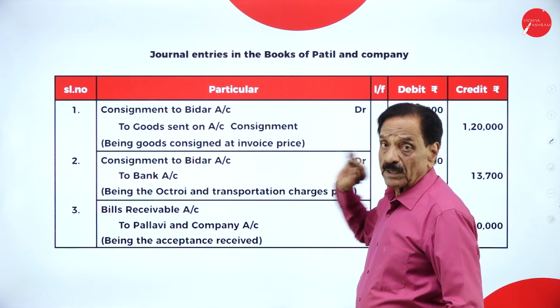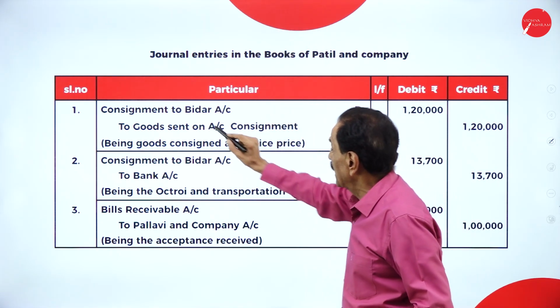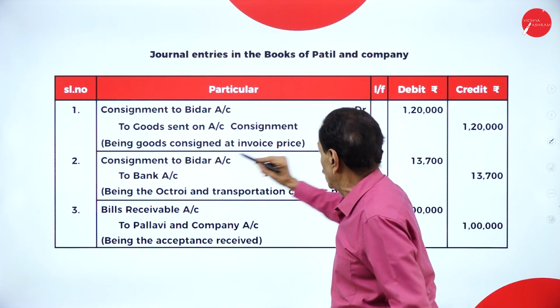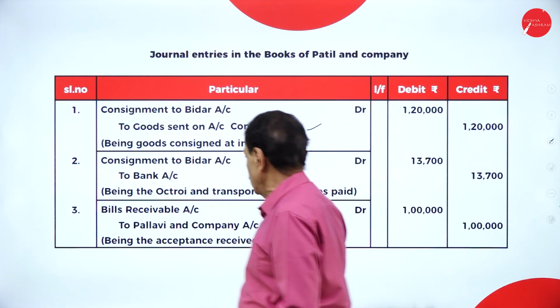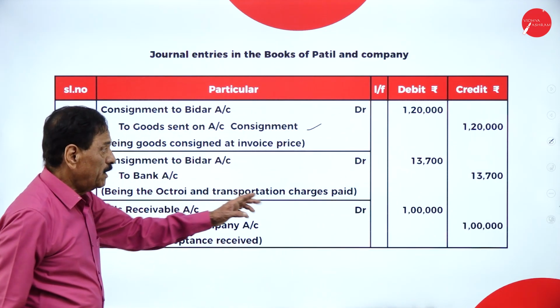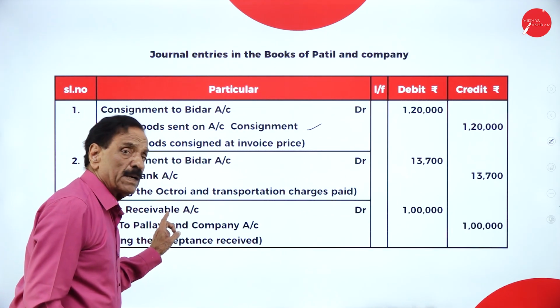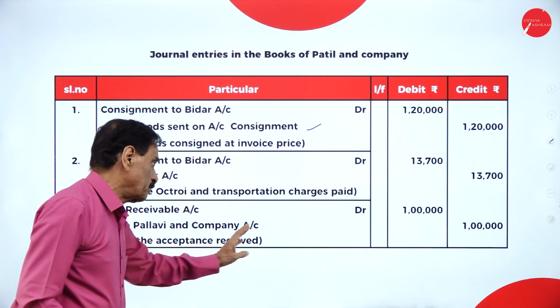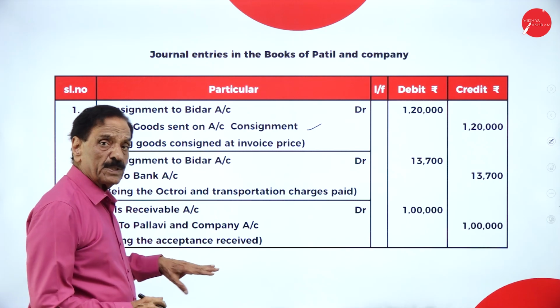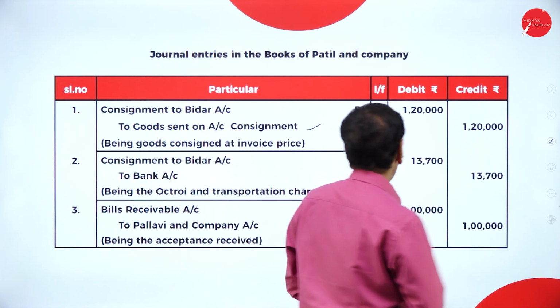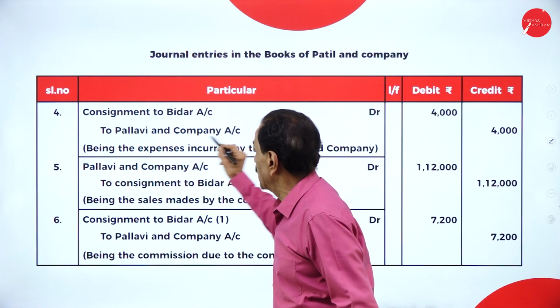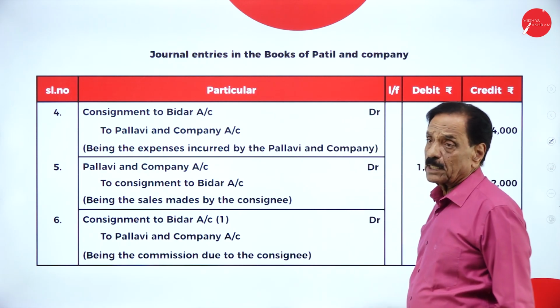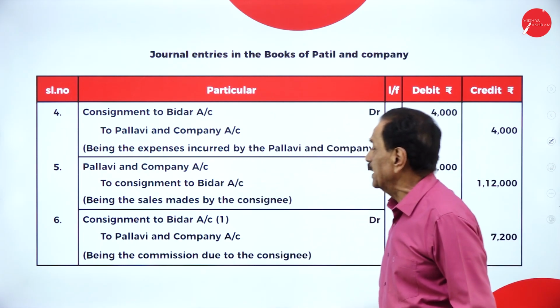Then what I passed, the entries same: Consignment A/c Dr. to Goods Sent on Consignment A/c. Consignment A/c Dr. to Bank A/c, being the expenses met by consignor. Pallavi A/c Dr. to Bank A/c, this is an advance given by consignee to consignor. Then Consignment A/c Dr. to Pallavi A/c, being the expenses incurred by consignee.